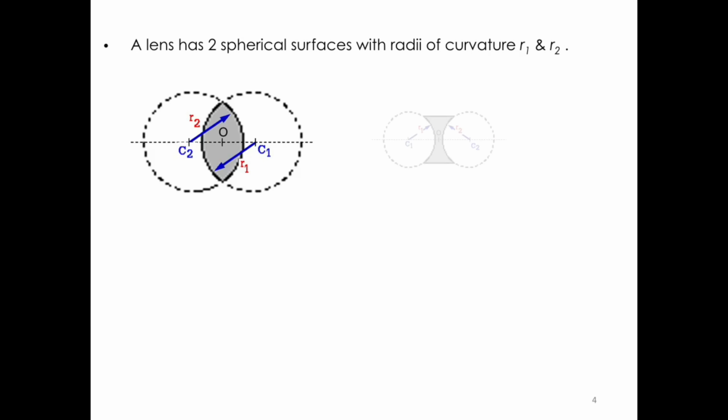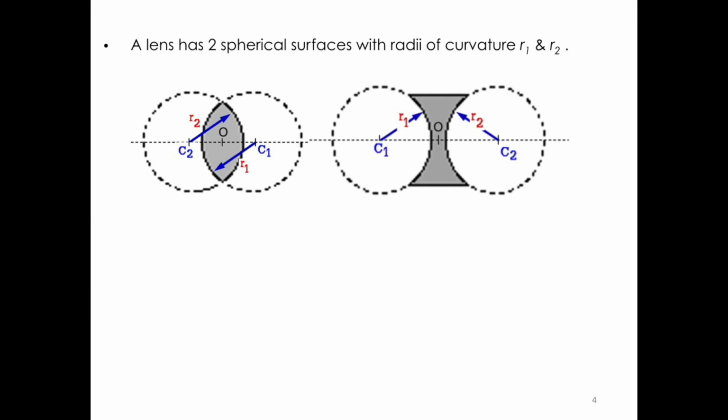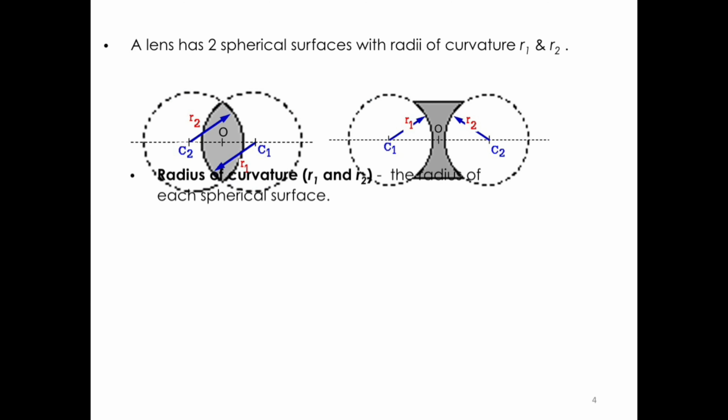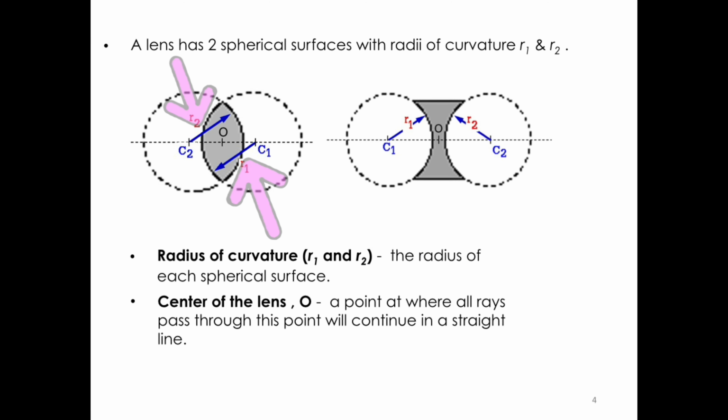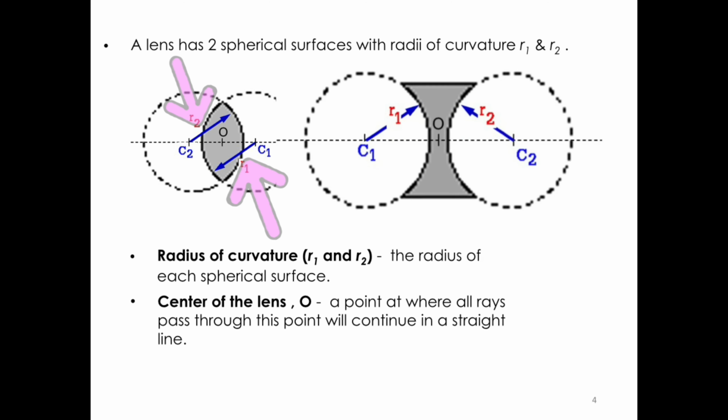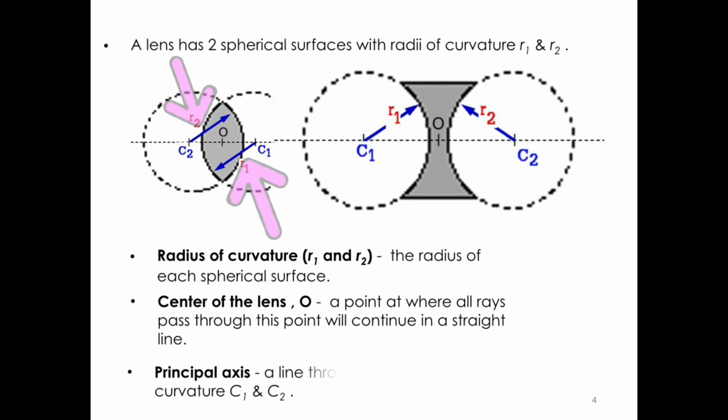A lens has two spherical surfaces with radii of curvature R1 and R2, where R1 and R2 represent the radius of curvature. O is the center of the lens, where all rays that pass through this point will continue in a straight line, while the horizontal dotted line is the principal axis, which is aligned through the centers of curvature C1 and C2.